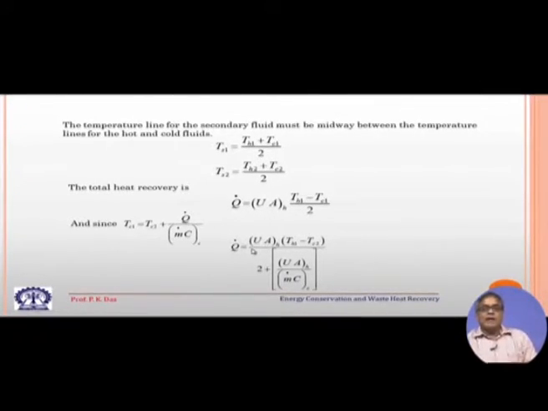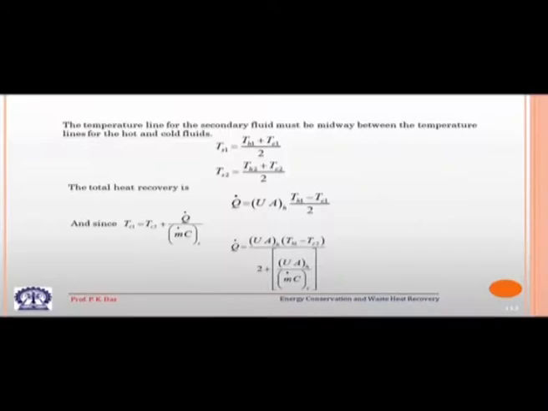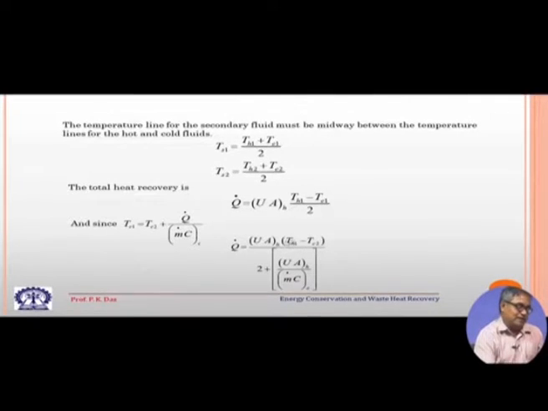Obviously, the analysis is much simplified. Some drastic assumptions we have made for this analysis, but even then it will give us quite a few good pieces of information. First thing is that the rate of heat transfer will be dependent on two inlet temperatures, the inlet temperature of the hot fluid and the inlet temperature of the cold fluid.